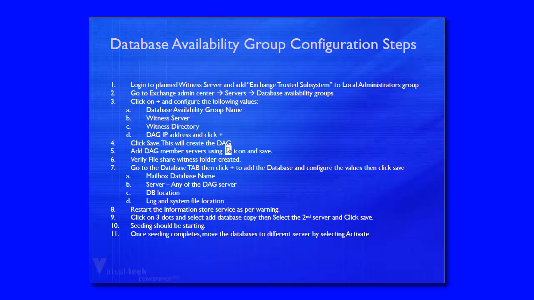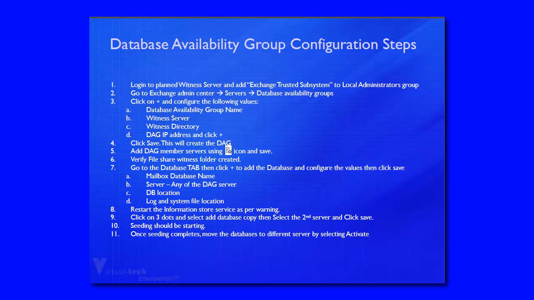Now here are the steps for DAG configuration. It is very simple, just a few steps. Log into the witness server, add Exchange Trusted Subsystem to the local admin group, then come back to the Exchange server, open Exchange admin center, go to servers, go to database availability groups, click on the plus sign there, and configure the following things. 4 configurations.